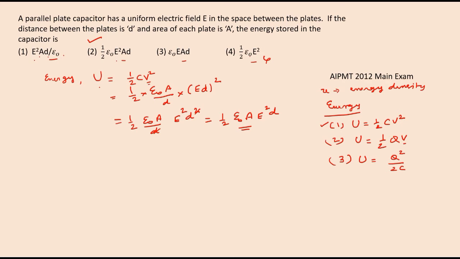And E square AD by epsilon naught, or E square AD into epsilon naught by 2, also can't be correct. So only option 2 is correct.